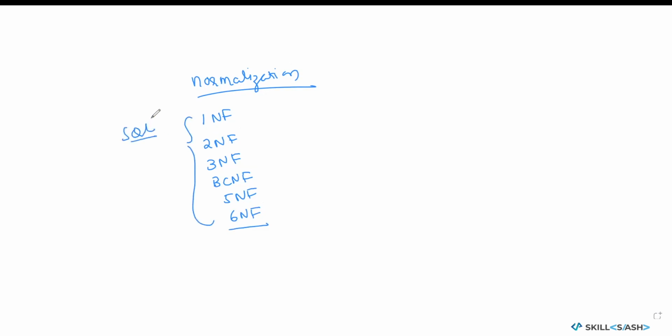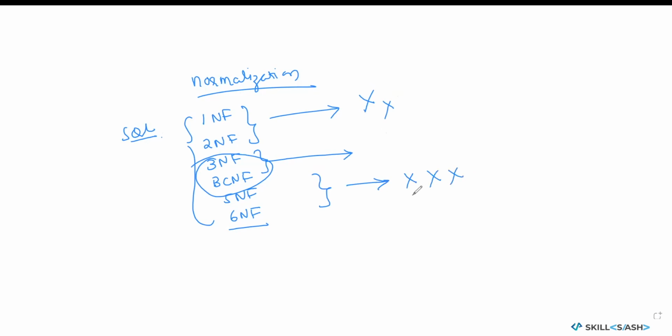But what is the exact normalization used in industry? It's 3NF or BCNF, 4NF. That's it. Too much loose coupling is also not useful, or too much lenient normalization is also not useful. Too much strict normalization or decoupled normalization is also not useful. It creates problems. This also creates problems.